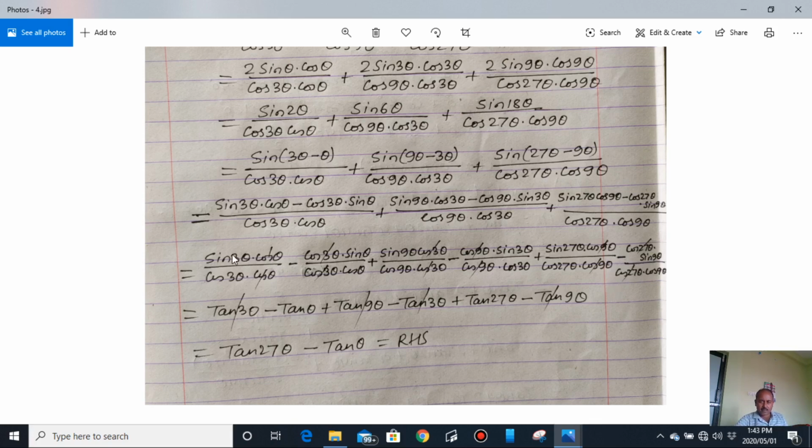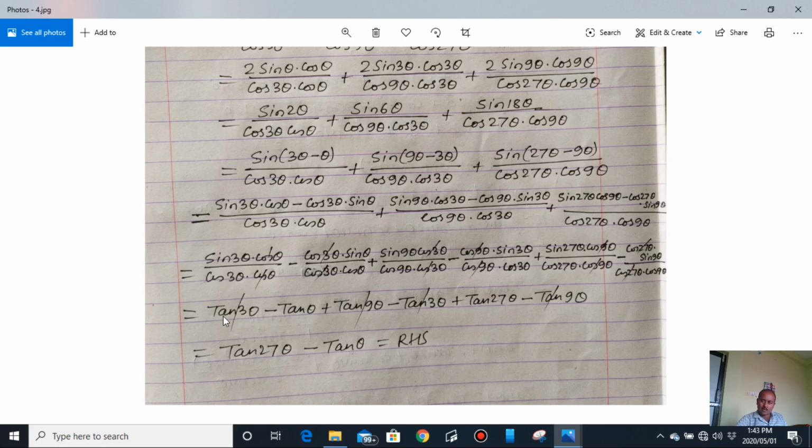So what is left here? Tan 3 theta. What is left here? Tan theta. What is left here? Tan 9 theta. What is left here? Tan 3 theta. What is left here? Tan 27 theta. What is left here? Tan 9 theta with minus sign. You see the signs: plus, minus, plus, minus, plus.